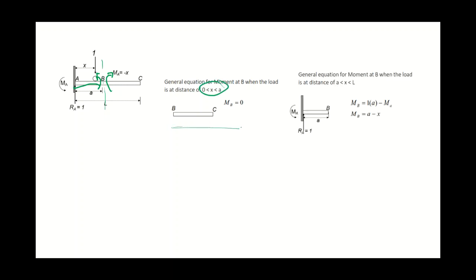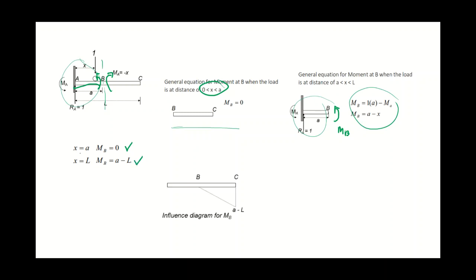Next is A to L, using the left side FBD. Then compute the moment MB, and plot the value of x to get the influence diagram for MB.